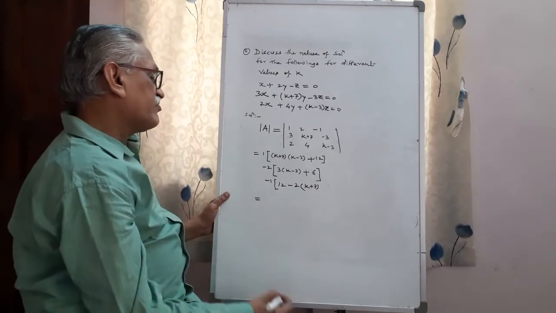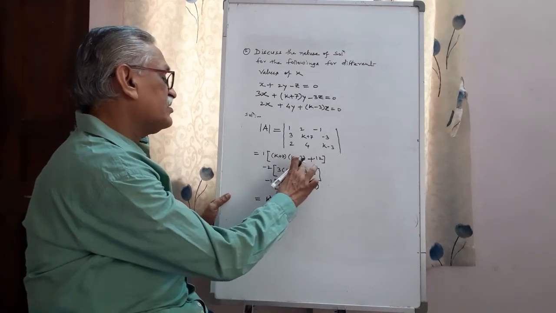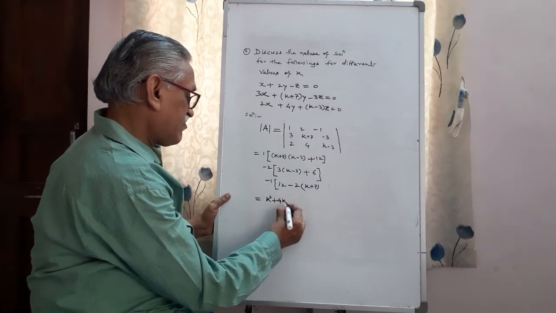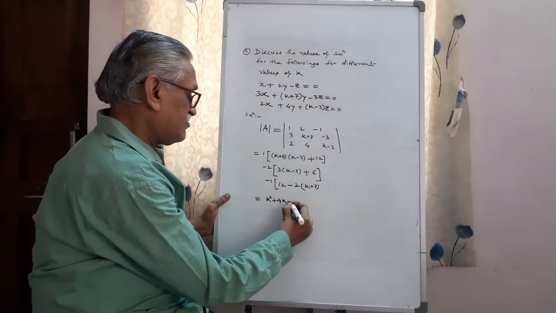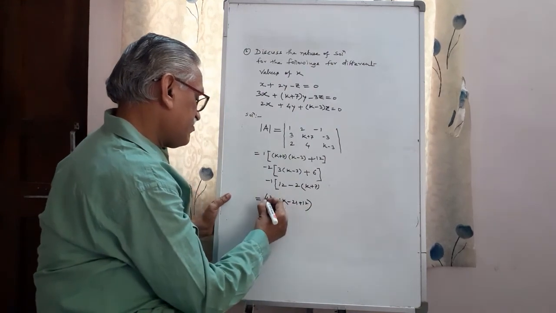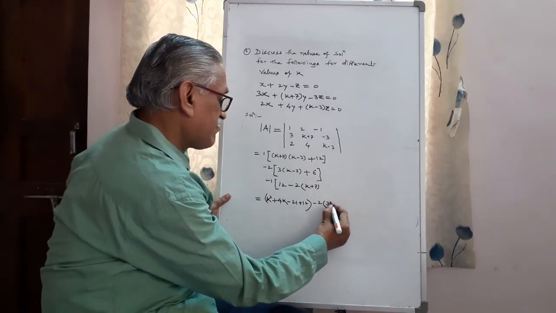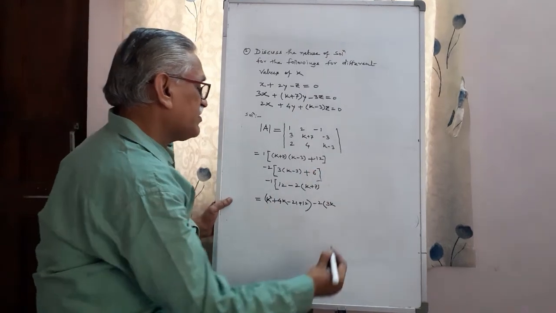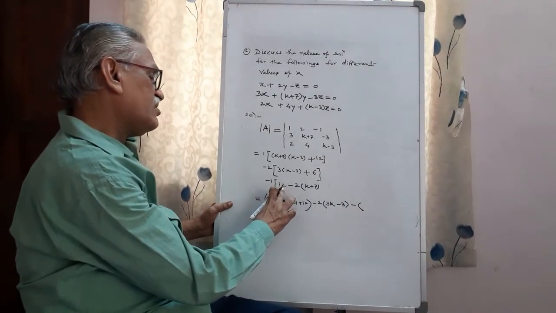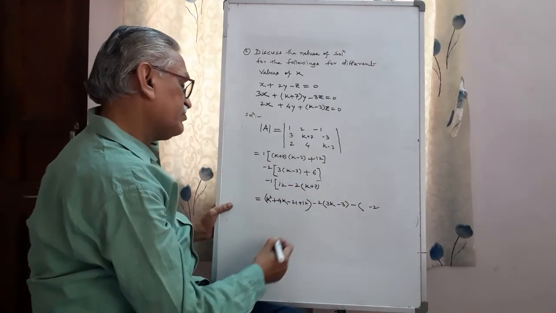And simplifying it. Taking the product of these two, it is k square, 7k minus 3k, and this product minus 21 plus 12, then this 3k minus 9 plus 6, minus 3, 12 minus 14, minus 2, and this is minus 2k.